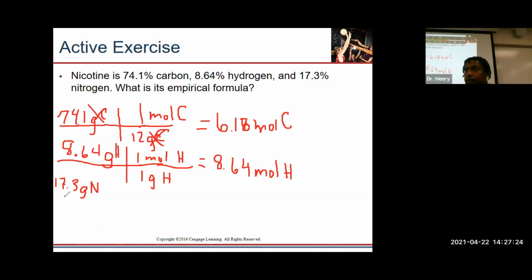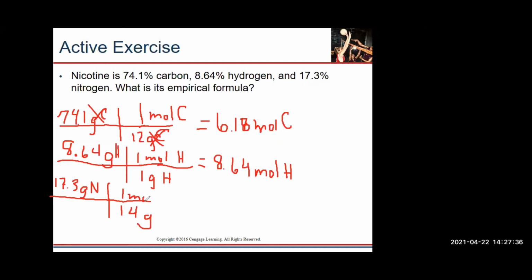And then nitrogen, 14. So it's 14 grams at the bottom and 1 mole on top. That's 1.24 moles of nitrogen.